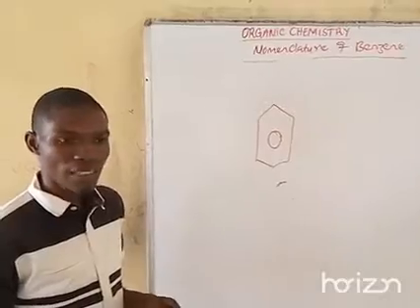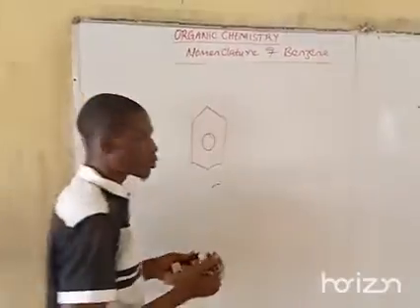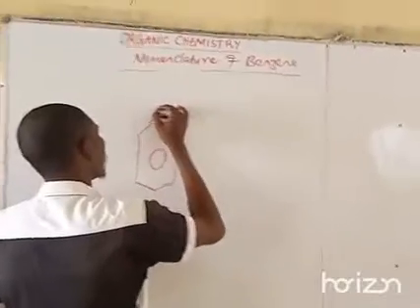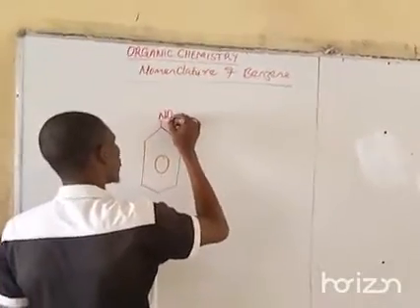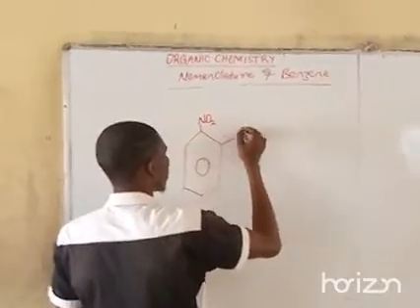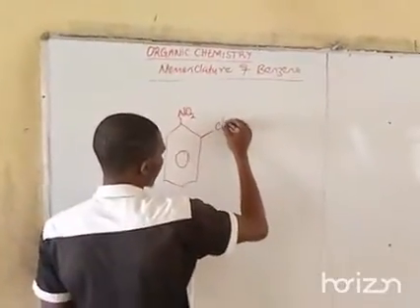What do we do about disubstituted benzene? Let's say we have a benzene which is having NO2, and on the same benzene we have CH3.